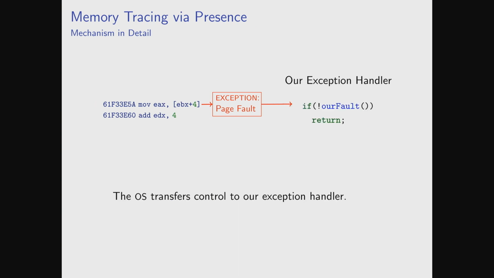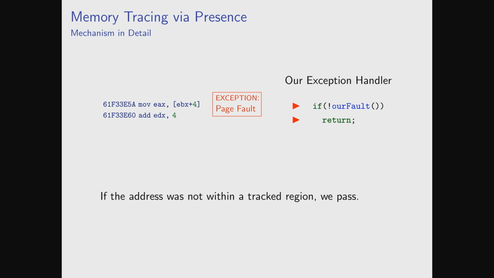Now, we have installed an exception handler, and we're able to inspect these exceptions that come in. So first we see, was this exception our fault? Which is to say, is it a page fault that arose because we set the present flag to false on some page? If it wasn't, we just pass it off to the next exception handler in the chain. If it was, we process it.